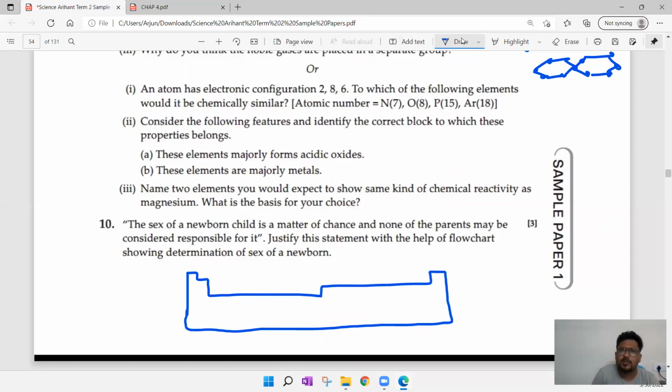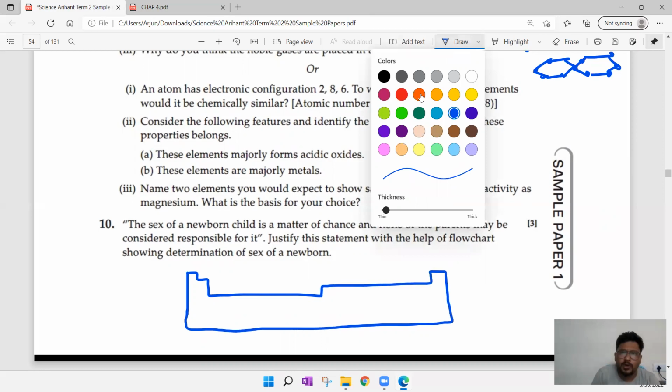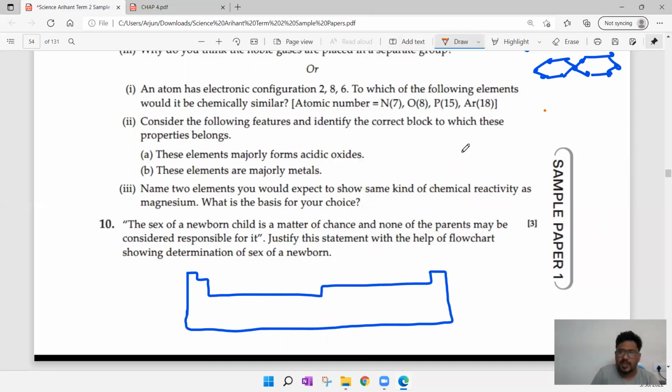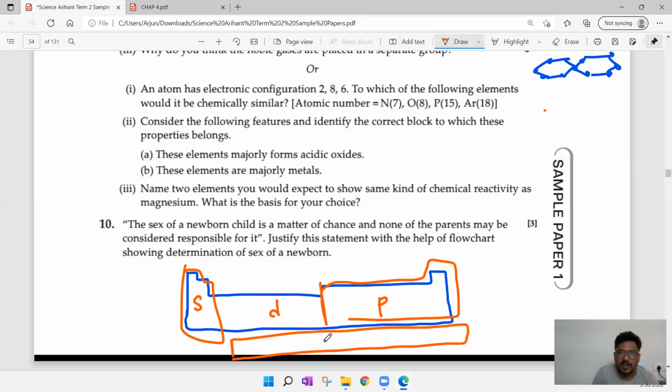Don't write answers like 18 groups, 7 periods. No, it is divided into four blocks. This one is the S block, this one is the P block, in between S and P there is the D block, and here we have lanthanides and actinides, the F block. So there are 4 blocks, SPDF blocks.